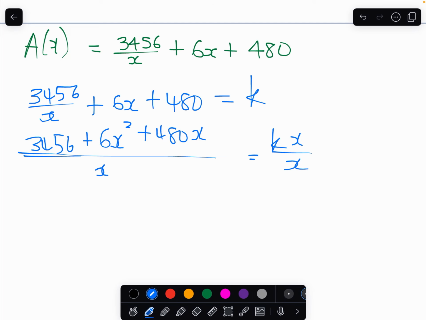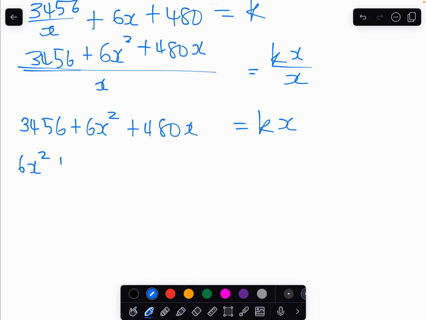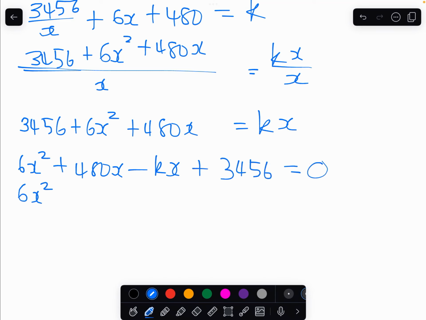The only way that this can be true is if our numerators are the same. So let's get everything onto one side. So 480x minus kx, and then plus 3456. So this is the same as 6x squared plus (480 minus k)x plus 3456.